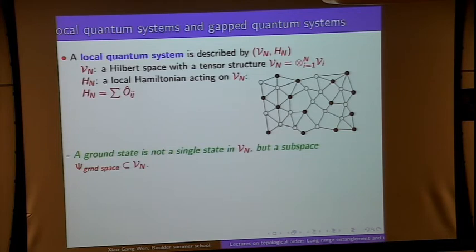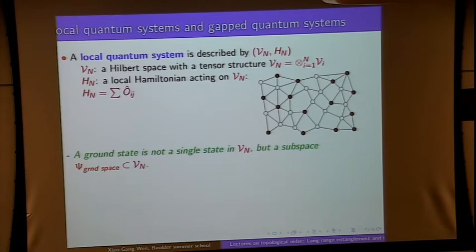In condensed matter, we study so-called local systems. I think Nick Read has explained that a local system means that the Hilbert space is a direct product of a small Hilbert space which lives on each site, and the Hamiltonian only has interactions among a few neighboring sites. In my lecture, I mainly concentrate on states with an energy gap. However, a state with an energy gap is a concept of the thermodynamic limit, because for any finite system, every state has an energy gap.